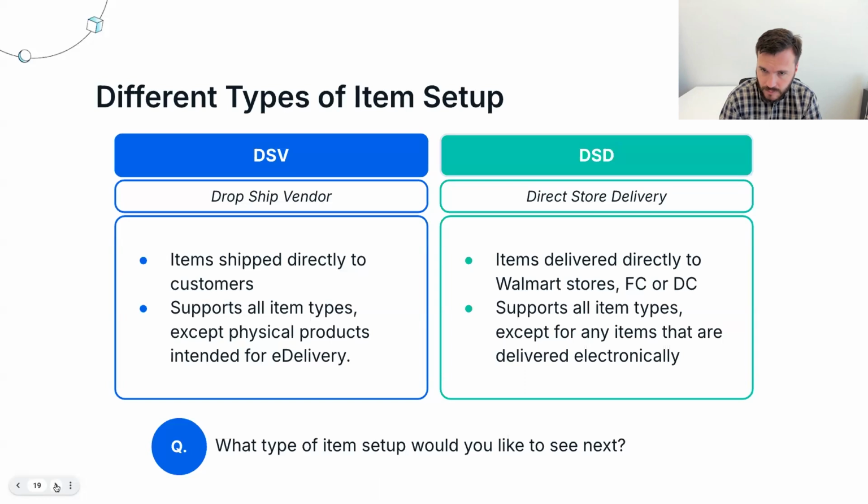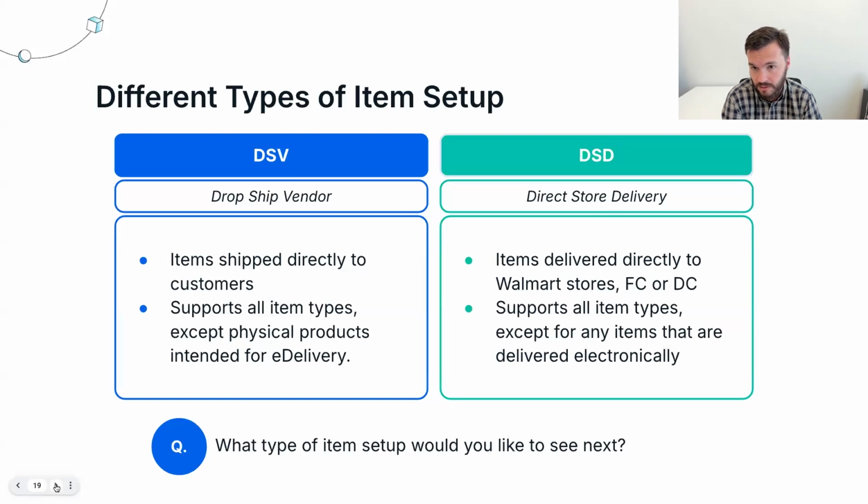So DSV is items shipped directly to consumers. This supports all item types except physical products intended for e-delivery. That's just a different kind of category, a different bucket outside of the DSV process. And then DSD, these are items delivered directly to Walmart stores, FCs or DCs, right?